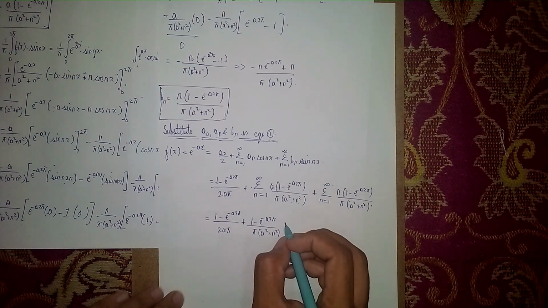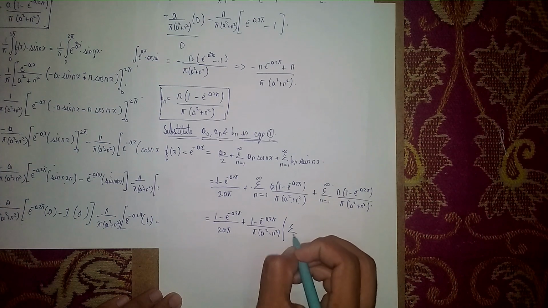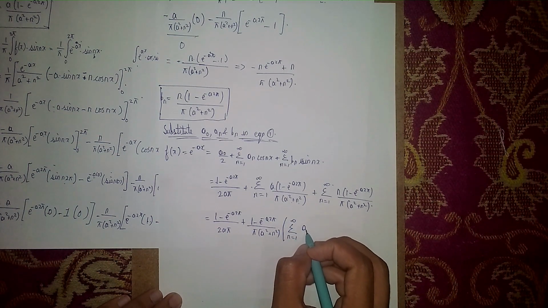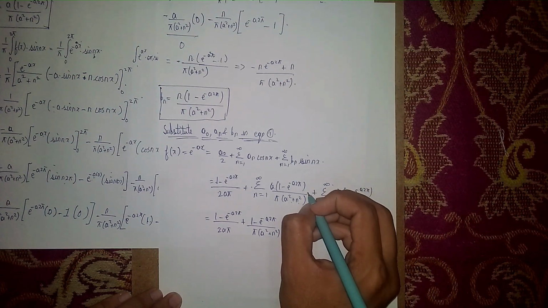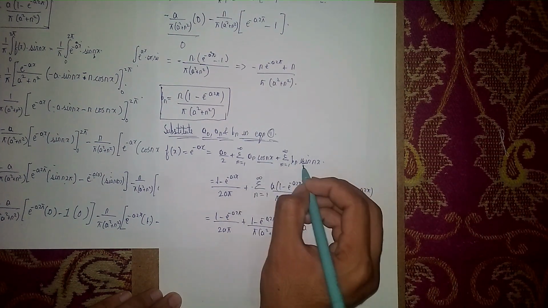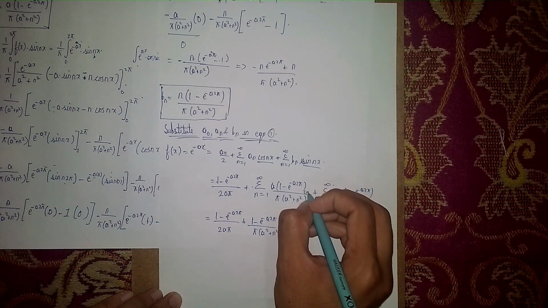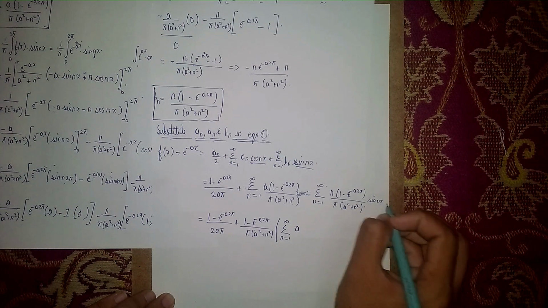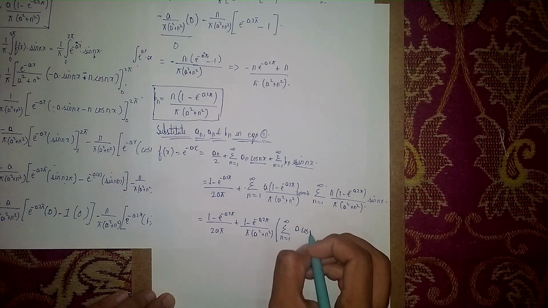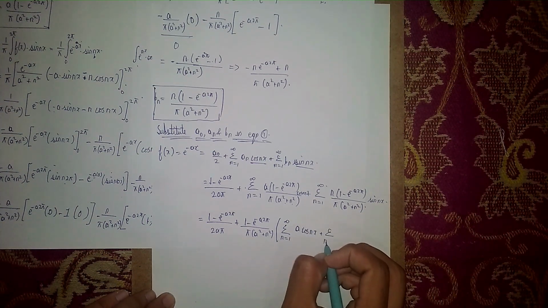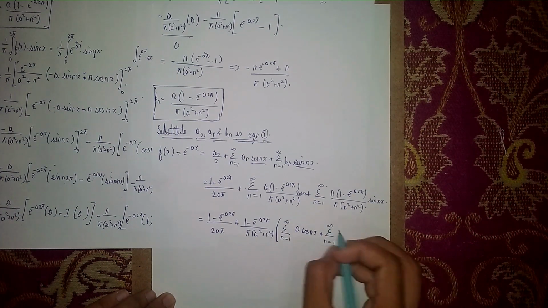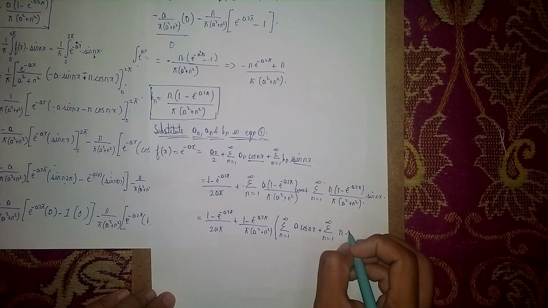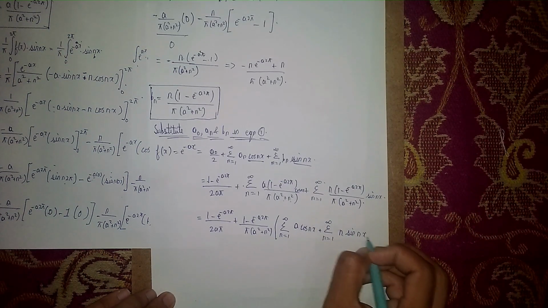So taking the bracket, summation n is equal to 1 to infinity, a cos nx, I forgot to write cos nx here, plus summation n is equal to 1 to infinity n sin nx, sorry, sin nx. This is our answer.